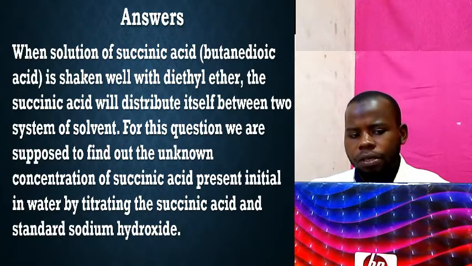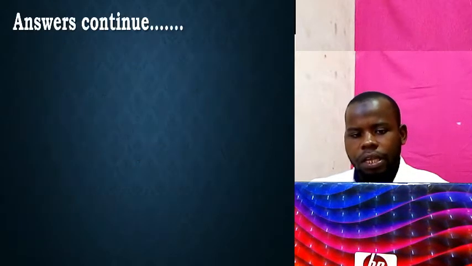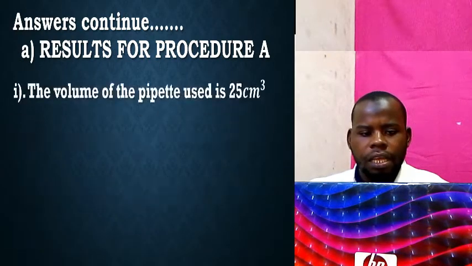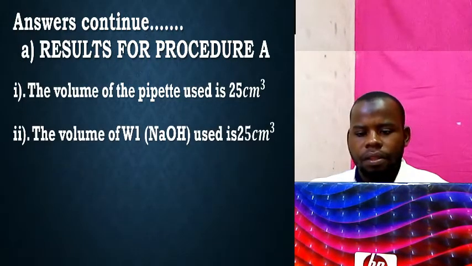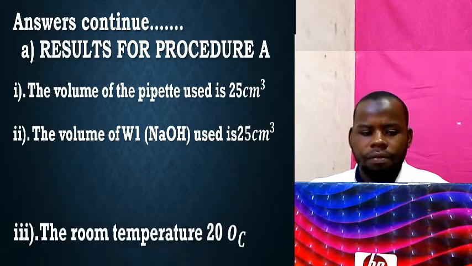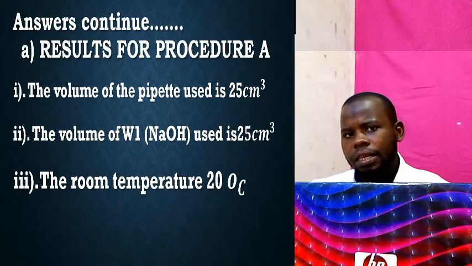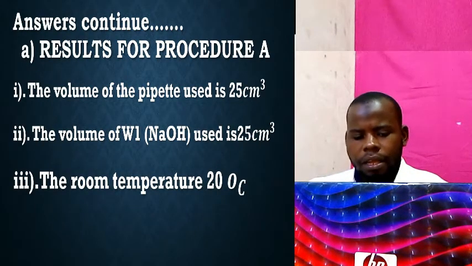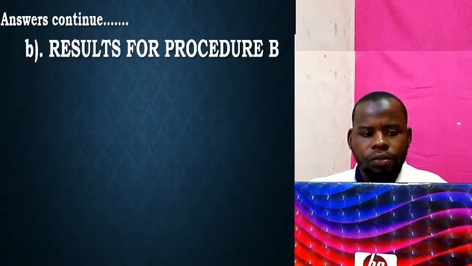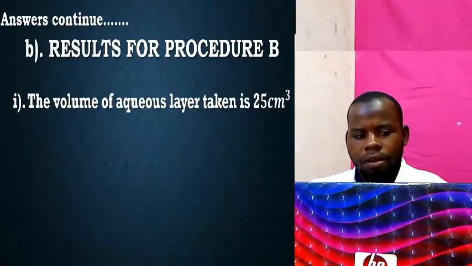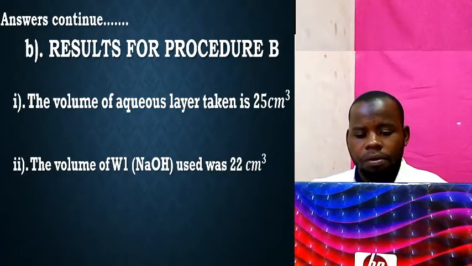That is the note you have to understand. The results for procedure A were 25. The room temperature was 20. I think you have seen that before. And then we proceed with the answer. For procedure B, the lower layer measured was 25. The final volume of sodium hydroxide used was 22.